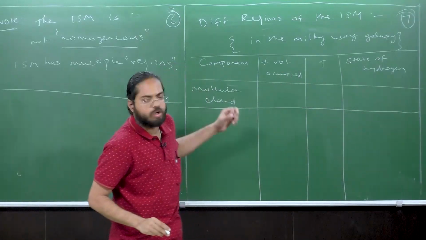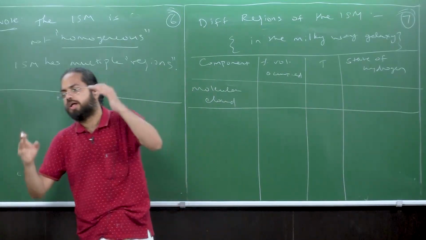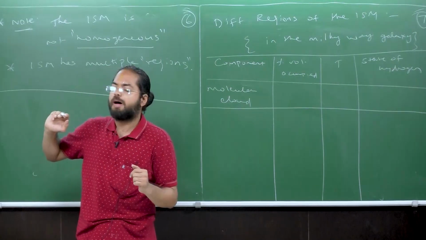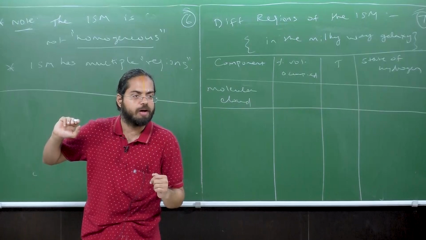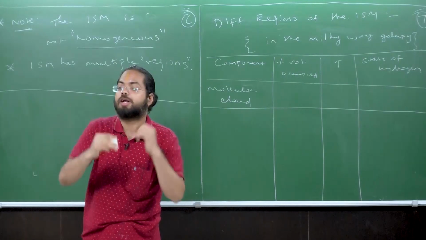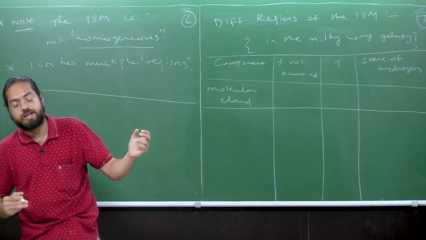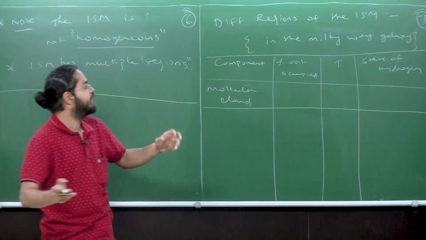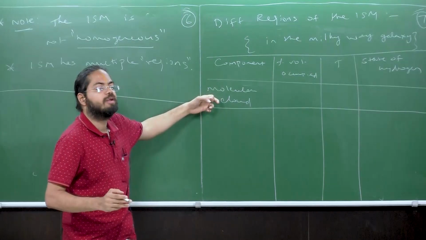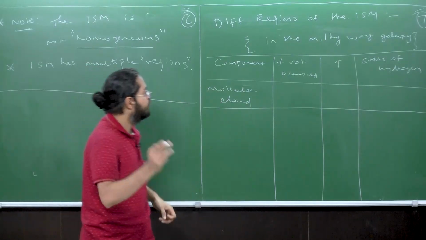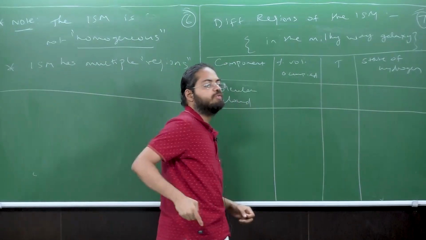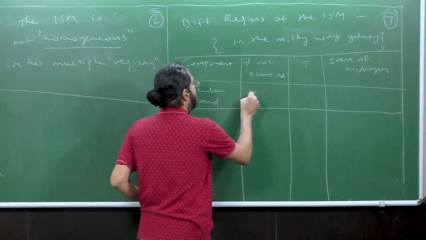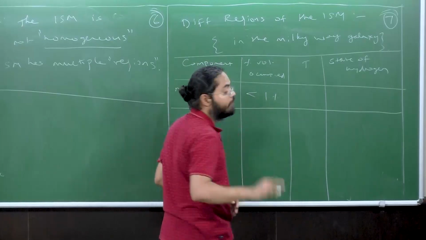Now, what is a molecular cloud? I recall in the beginning of this lecture, I was discussing something about the notion of interstellar clouds, right? Now, in these interstellar clouds, you have some atoms and molecules. If predominantly there are molecules, you call it an interstellar molecular cloud. Okay, but notice that in terms of the fraction of volume it occupies in the interstellar medium, it's actually less than 1%.